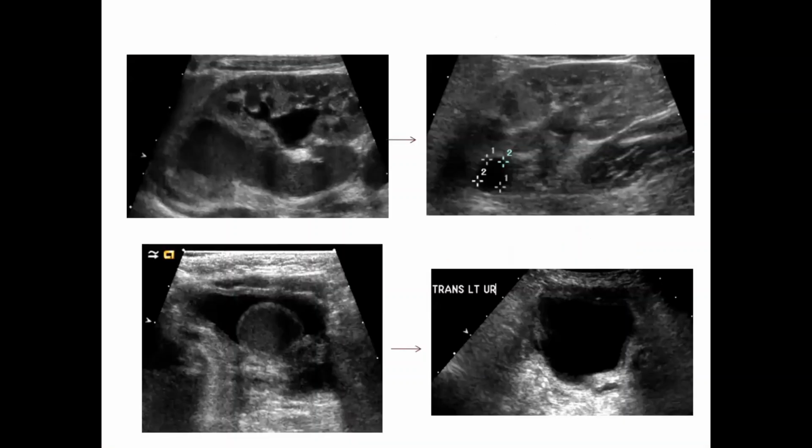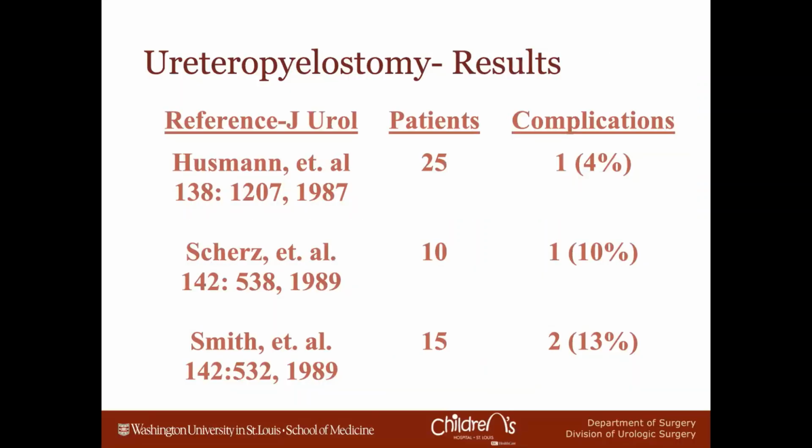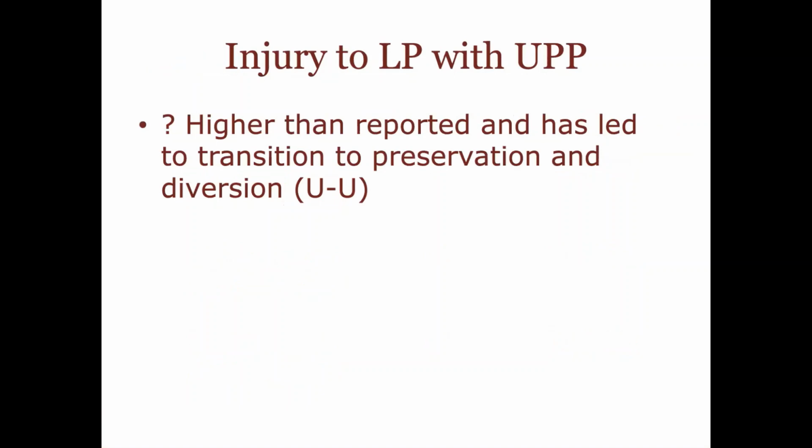Next slide. So it's unclear based on the literature what the risk to the lower pole is when doing an upper pole partial nephrectomy in an infant. I think the vessels are very delicate, and I have some suspicion that the injuries are maybe higher than reported, and that's led to our practice to preserve more ureter upper poles and to do lower tract diversions with ureterostomies or ureteropyelostomies.